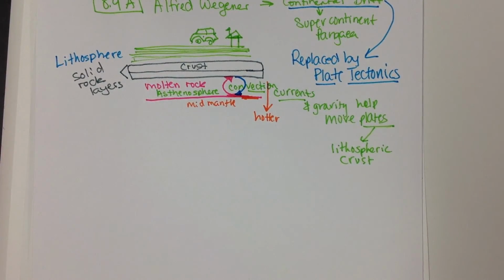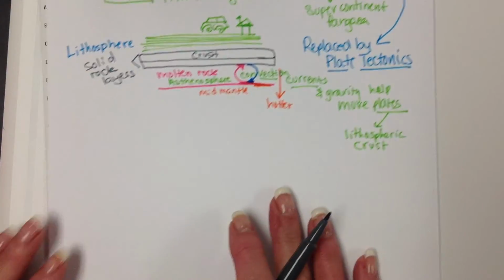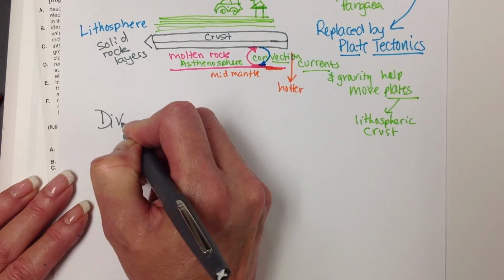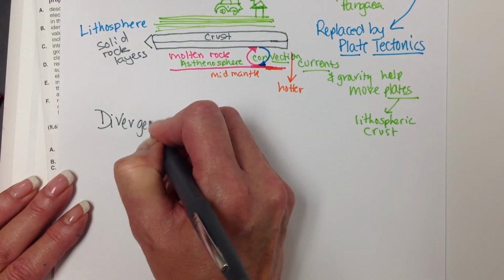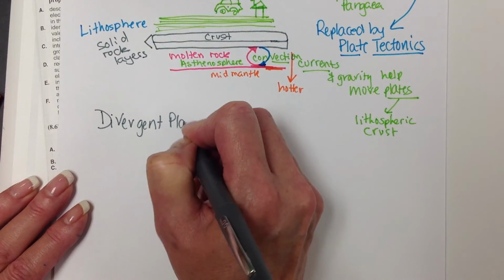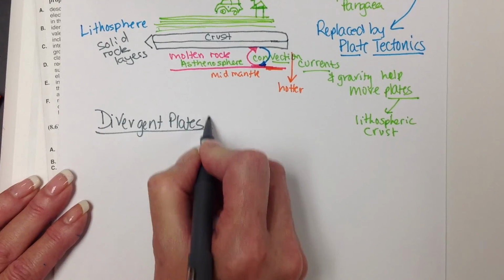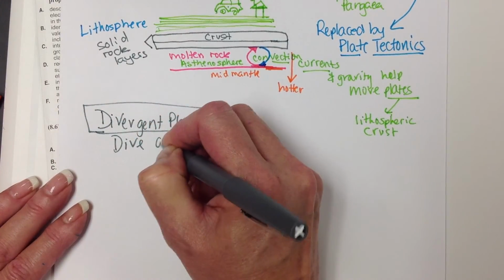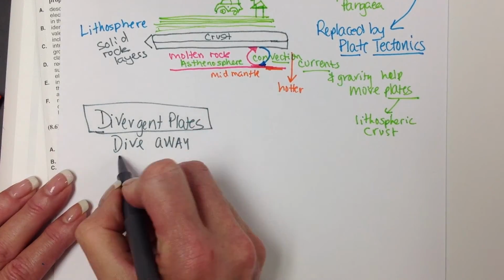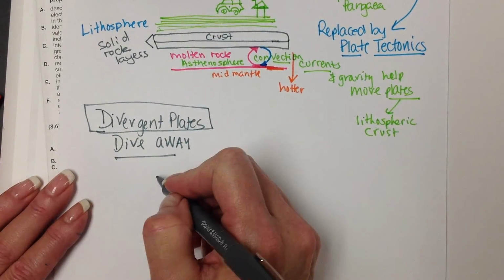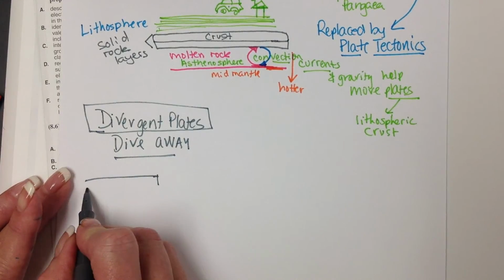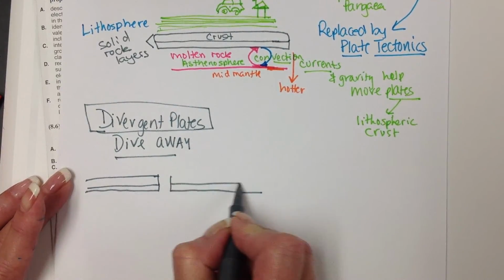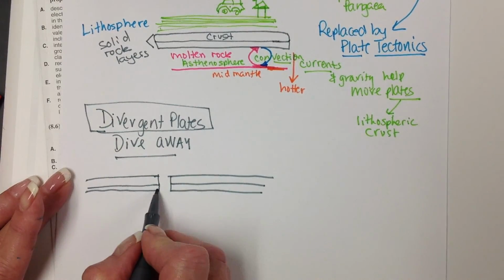Alright, so let's see how this works. So let's say we have divergent plates. Let's start off by divergent plates. So divergent, if you can remember, dive away. Okay, they are moving away. So here's some crust and that rigid underlayer, the whole thing called lithospheric crust.